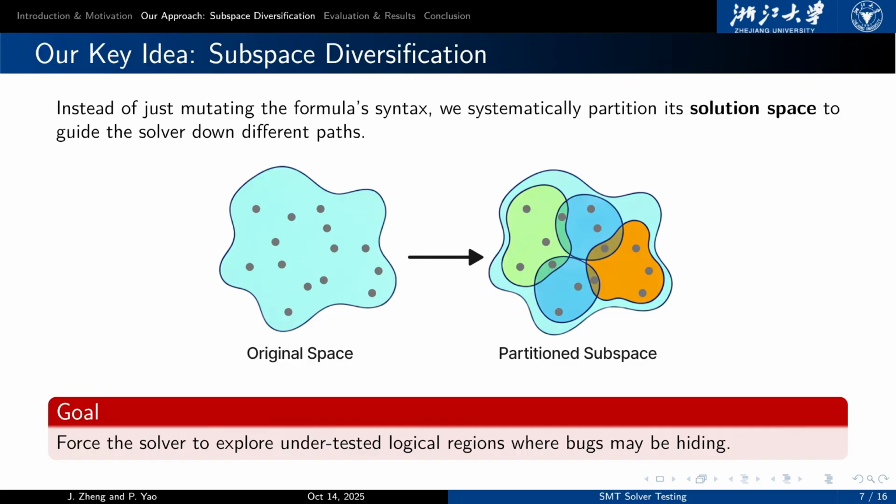Instead of just mutating a formula's syntax, we systematically partition its solution space to guide the solver down different and often less traveled logical paths. Our goal is to force the solver to explore these under-tested regions where bugs may be hiding.